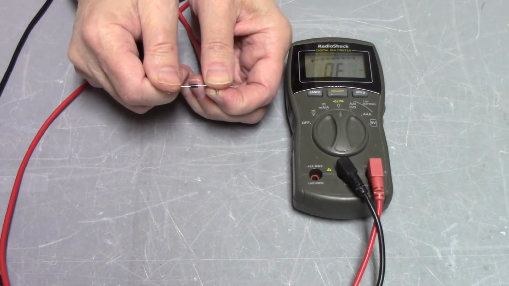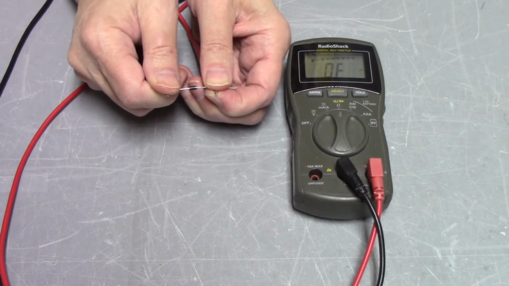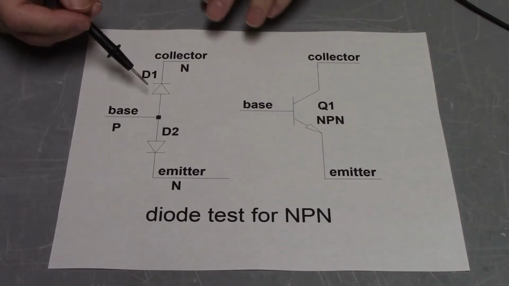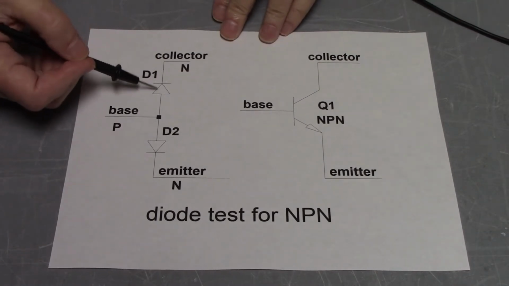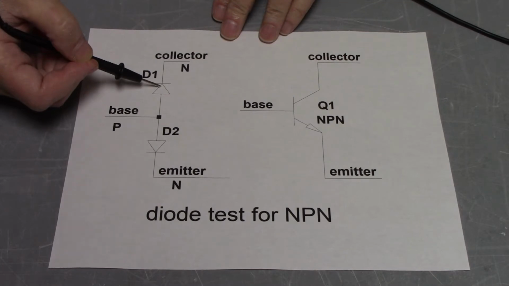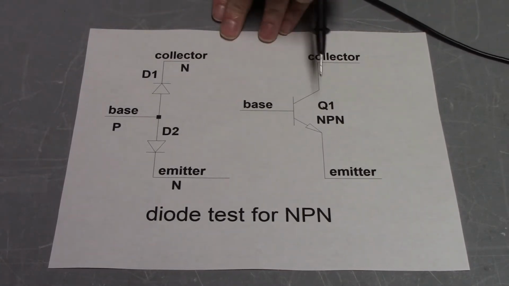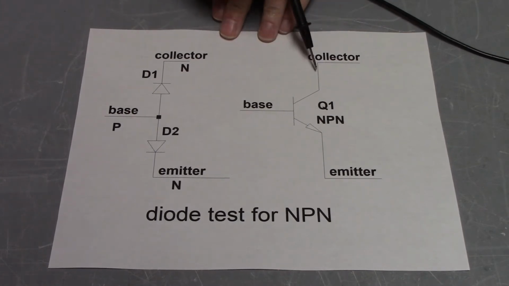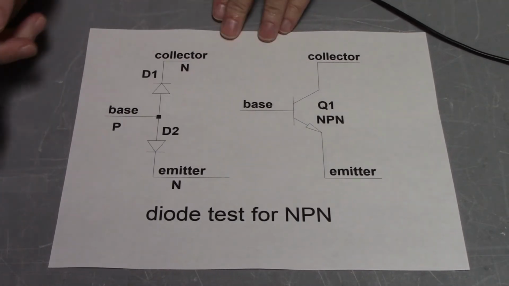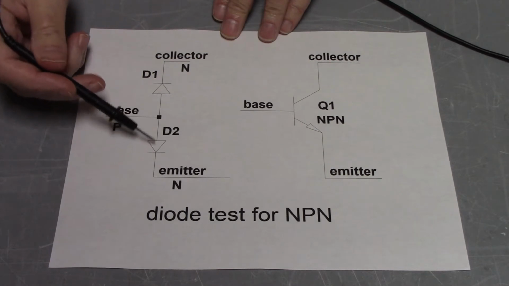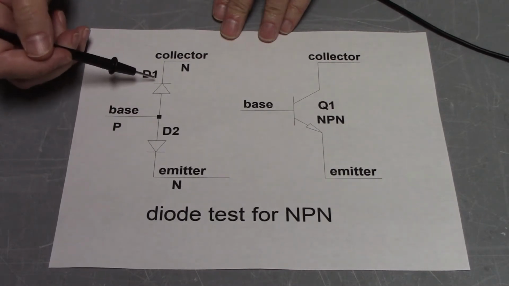Turns out we can use exactly this diode check to check transistors. An actual reasonable equivalent model, at least for checking gross continuity and function, is that the transistor, in this case an NPN transistor, has a diode equivalent model that looks like this.